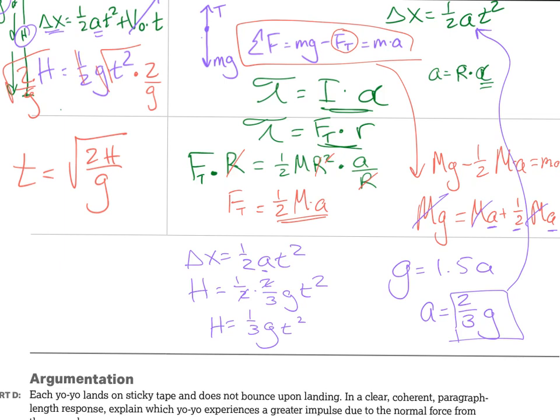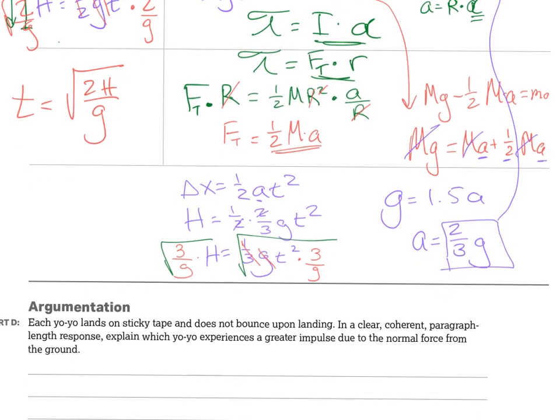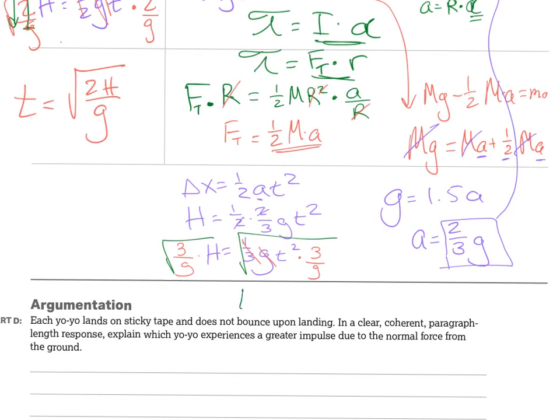So now we need to solve for time. Times each side by 3 over g, then you're going to square root both sides, and again, a little messy, but pretty much what we end up with is that time is going to equal the square root of 3h over g.